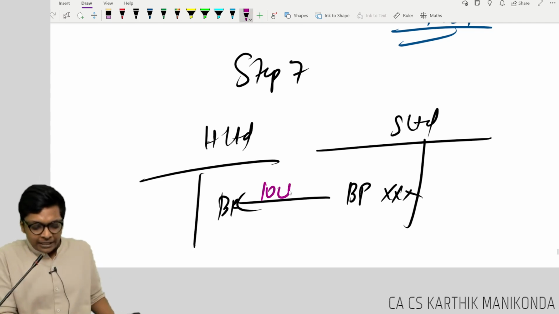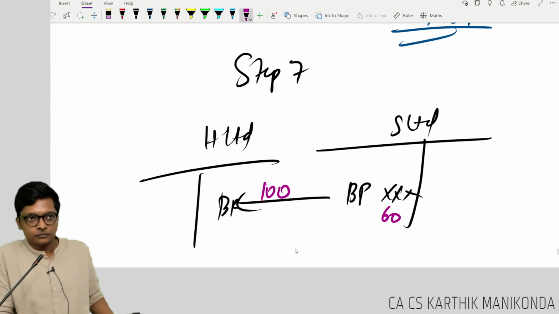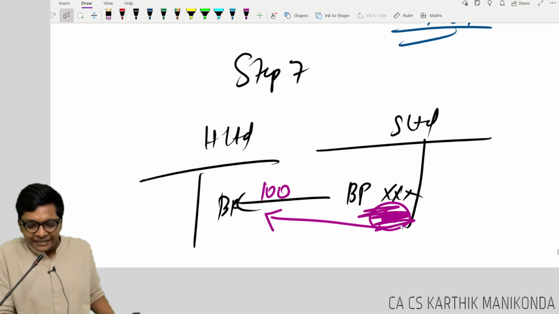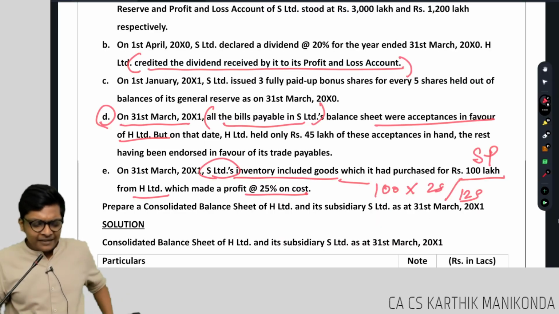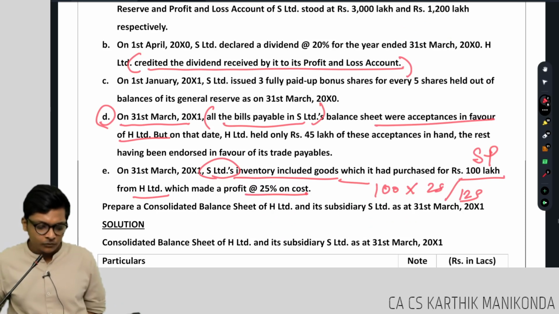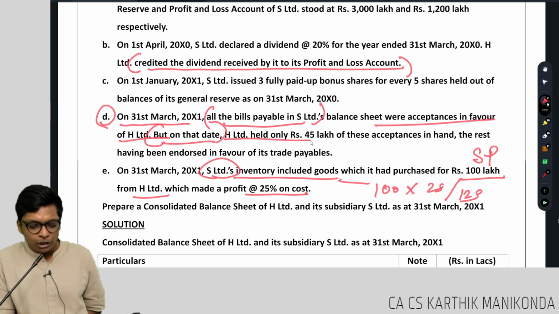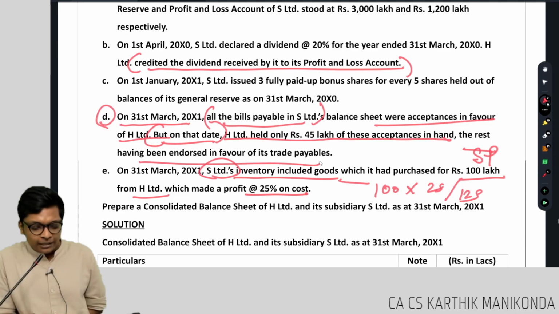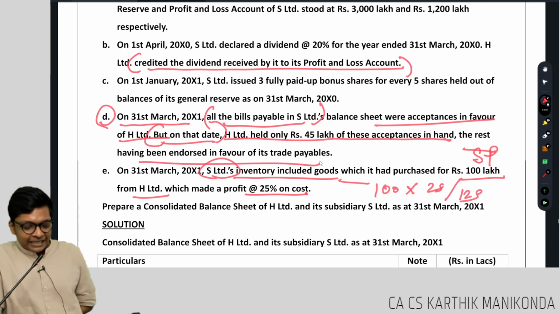This could be 100, this could be 60, but this 60 is part of this 100, so I will eliminate this 60 here. But they gave some adjustment. They are saying that on that date, H Limited held only 45 lakhs of these acceptances in hand, and the rest were endorsed in favor of its trade payables.